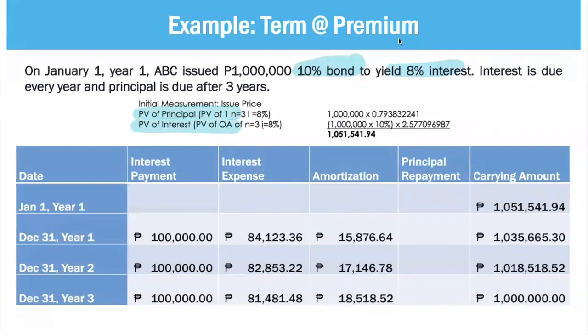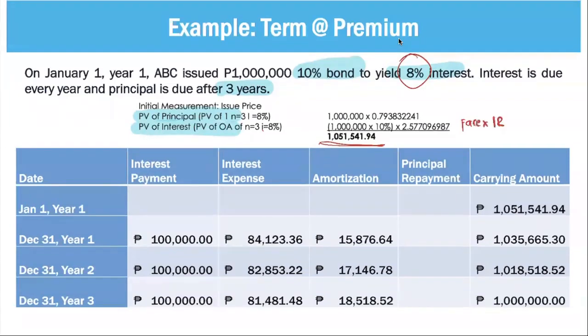So our N is 3 because the period of the bond or the term of the bond is 3 years, and our interest rate is the yield rate, which is 8%. So we just need to compute for the present value factors. We multiply them to their amounts. We will get 1,051,541.94.